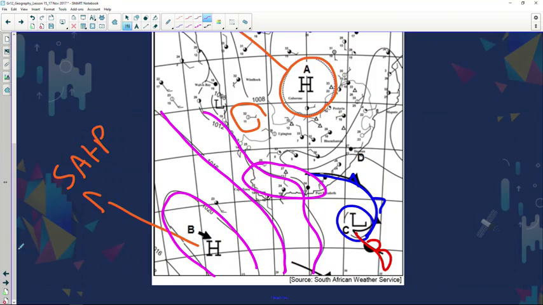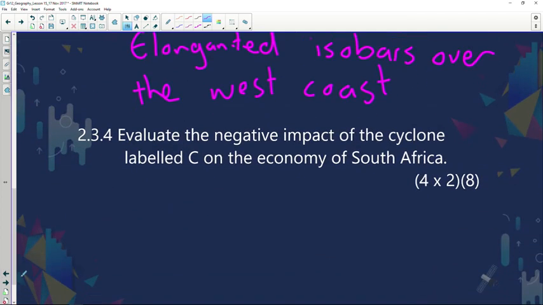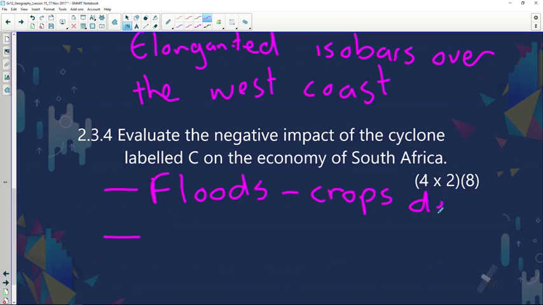If we do experience cyclogenesis and a family of mid-latitude cyclones, it can create high precipitation. It can create floods down in the Western Cape.